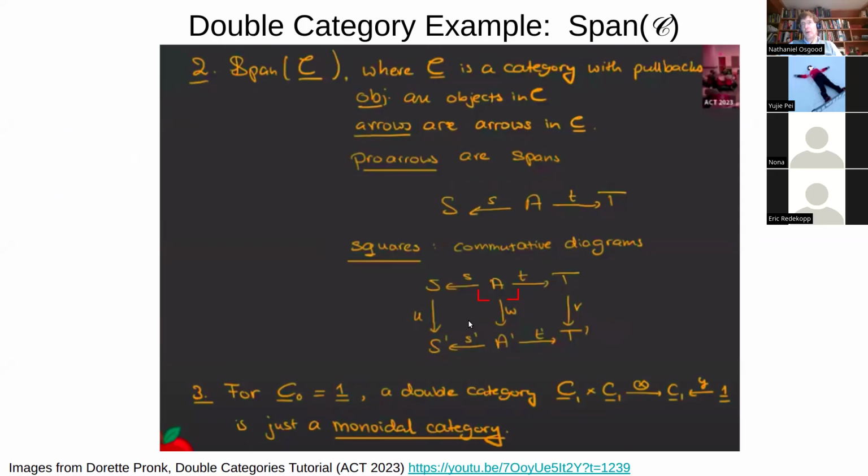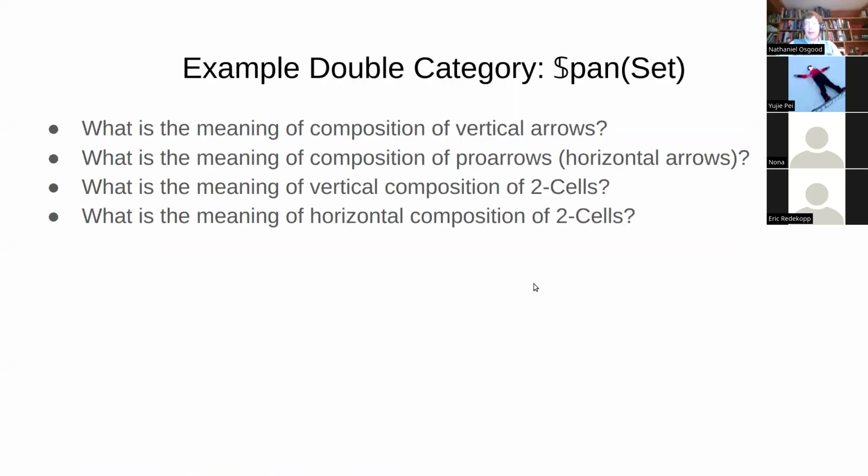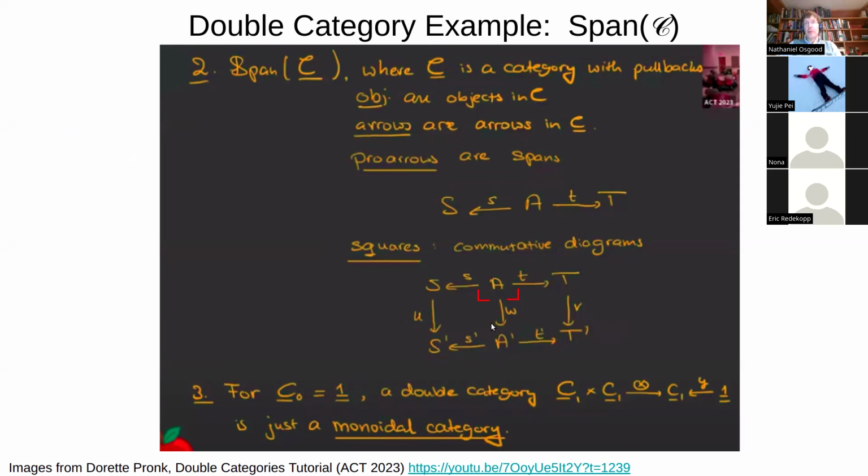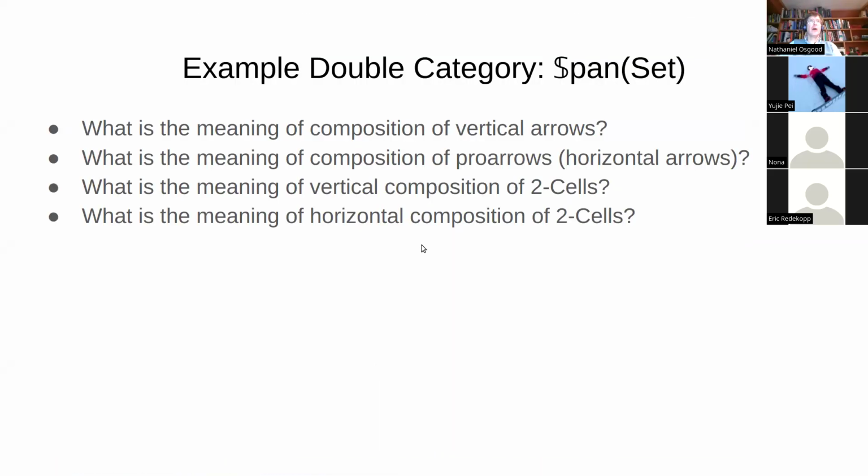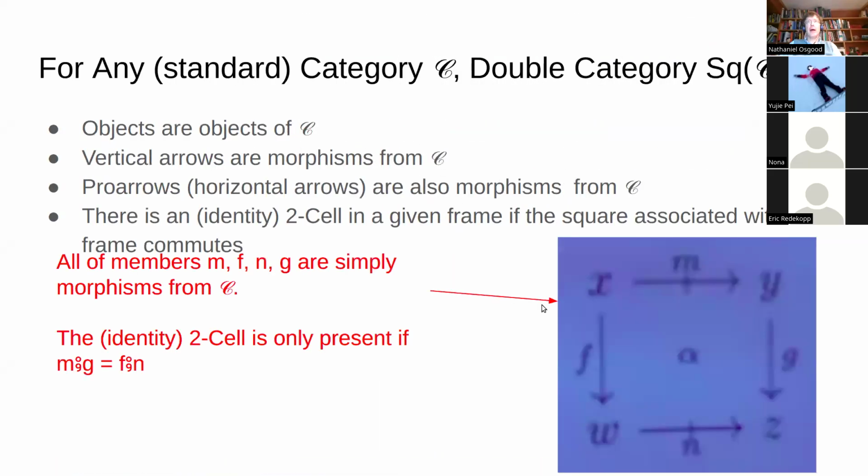If you have these two pullbacks here, these are pullback squares, in case you didn't notice, or they're like pullback squares. I think they are pullback squares, but anyway, if these are commuting, it turns out this reduces to monoidal categories, and we'll come back to that. This is kind of interesting.